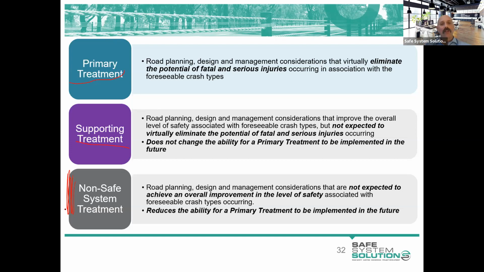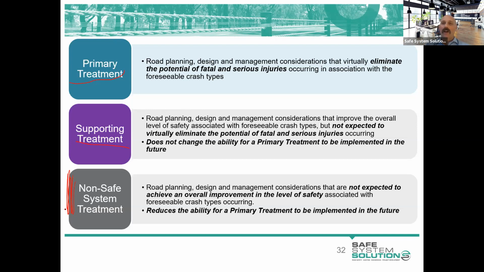So what I want you to do is go to the Austroads Safe System Assessment Framework when you're trying to categorize, and have a look, because what they've done is taken quite a few treatments and categorized them within each crash type into primary or supporting or non-safe system.